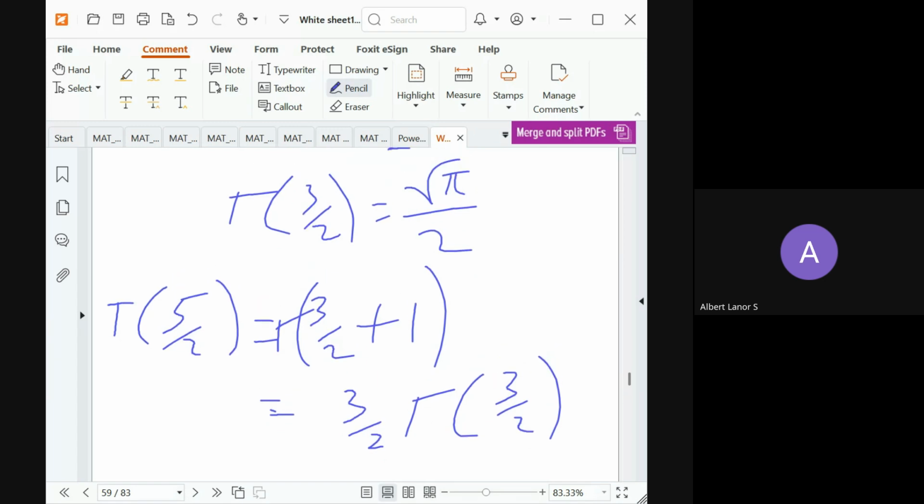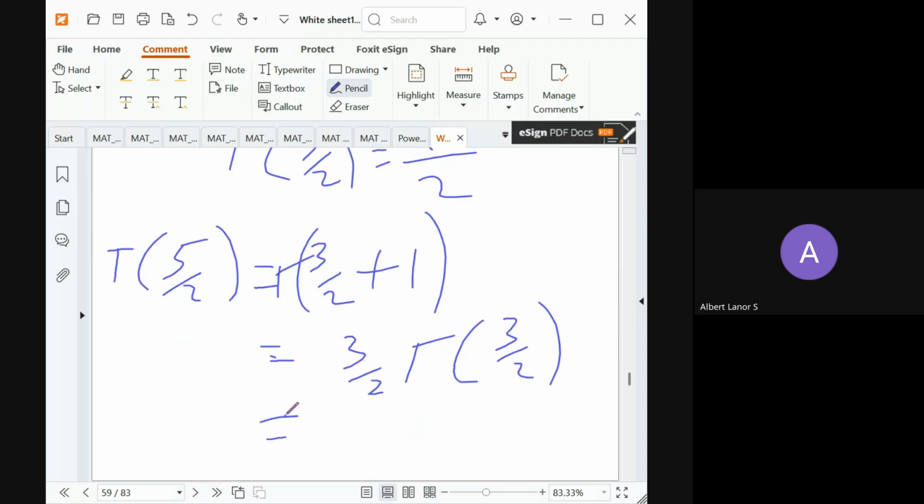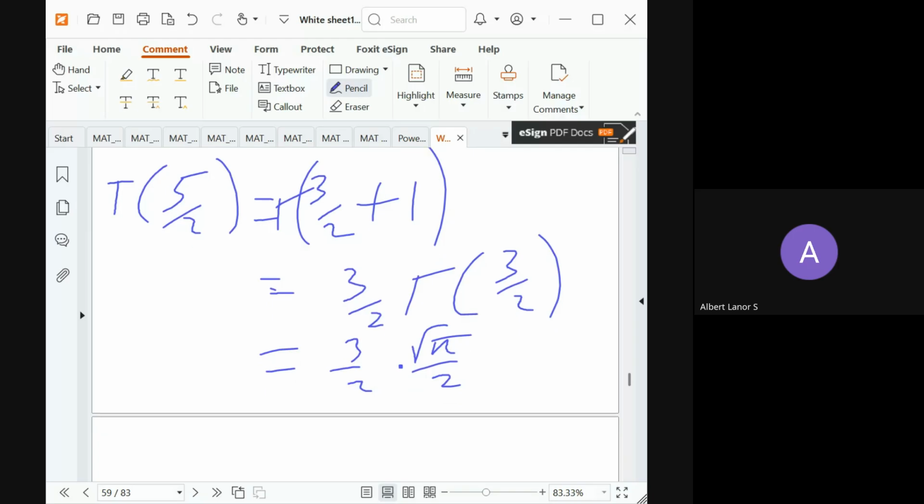Now, gamma of 3/2 is square root of pi on 2. So this would be equal to 3/2 times the square root of pi on 2, which is 3/4 square root of pi. Okay, so that is 5/2.